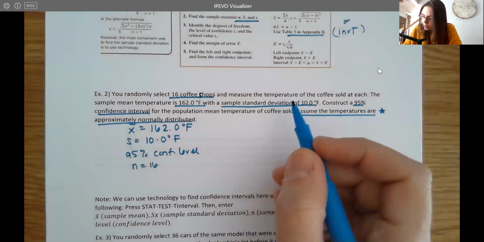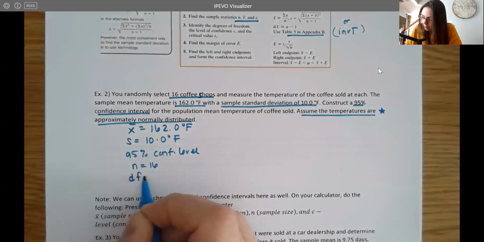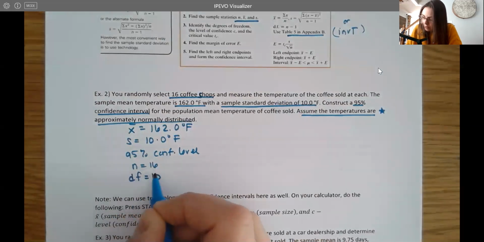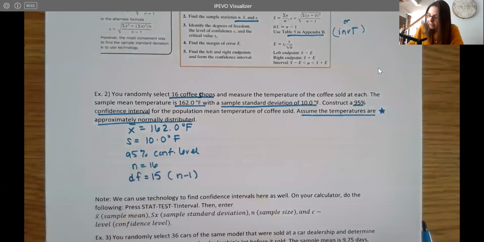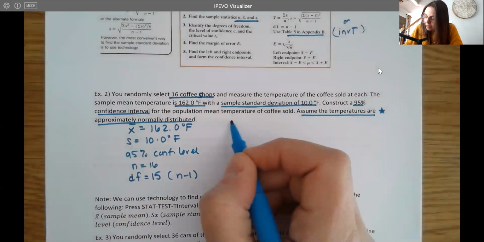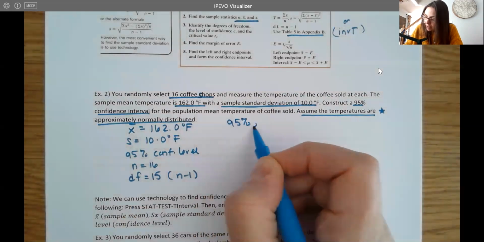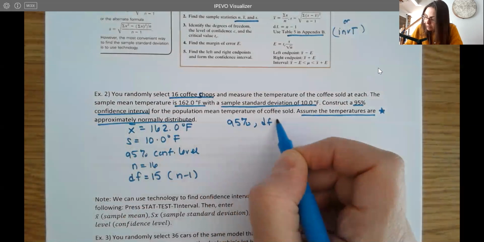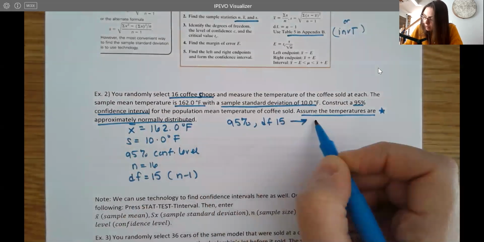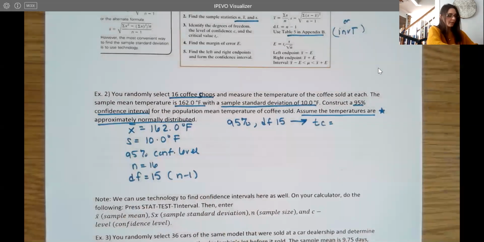All right, so what I'm going to do next is find my degrees of freedom, which is going to be 15. Again, it's your sample size minus 1. And I do need to find my critical t-value. To find my critical t, I know that I'm doing 95% confidence, and my degrees of freedom is 15. So let's go into the table here first.